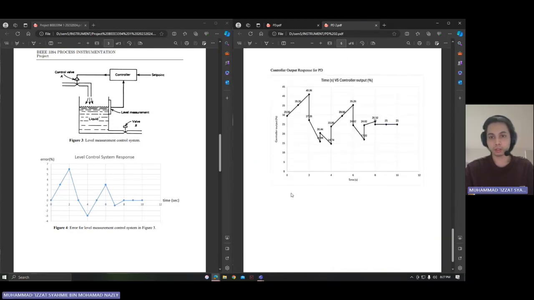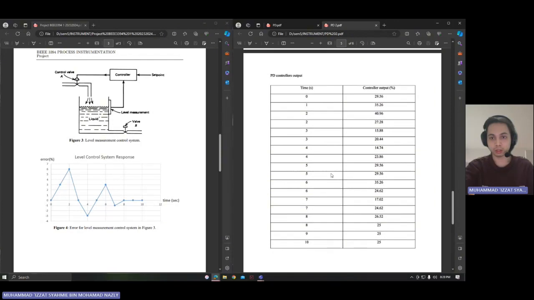Okay, so this is the graph for the controller output response for level measurement. The title is time versus controller output, the x-axis is time in seconds, and the y-axis is controller output in percent. Still the same, I'm using an increment of 5 and an increment of 2 for the time.